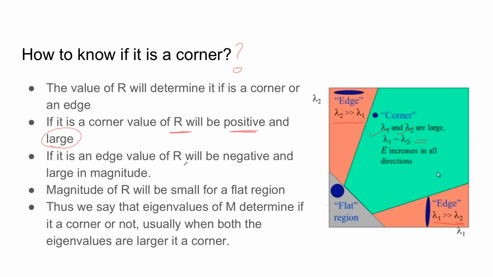Thus, the R value is negative but still large in magnitude. The R value will be really small for a flat region. We can see all this in this image. Thus, we can also say that the eigenvalues of the matrix M determine if it's a corner or not. We usually want both the eigenvalues large to be a corner.